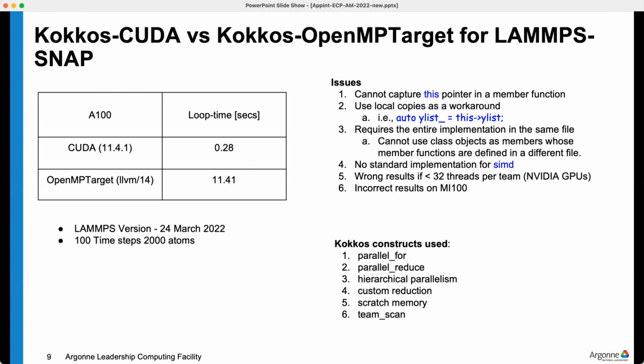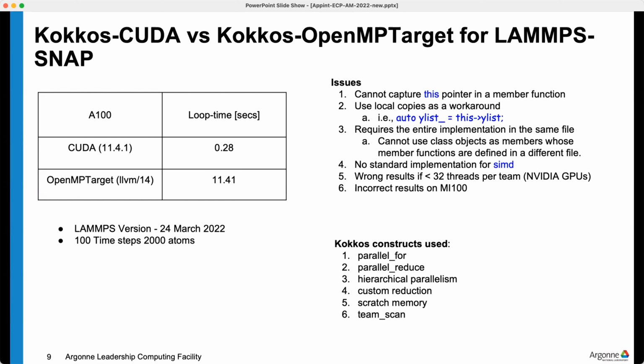And we realized that we were also getting wrong results if there were less than 32 threads per team on NVIDIA GPUs. On AMD GPUs, we have not yet gotten correct results. We were able to compile, but we're getting wrong results. The SNAP implementation in LAMMPS uses slightly more advanced Kokkos constructs such as scratch memory and team scan.